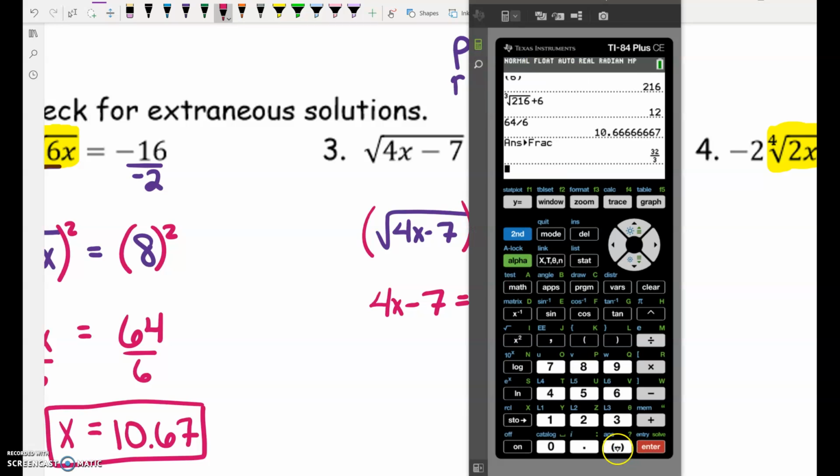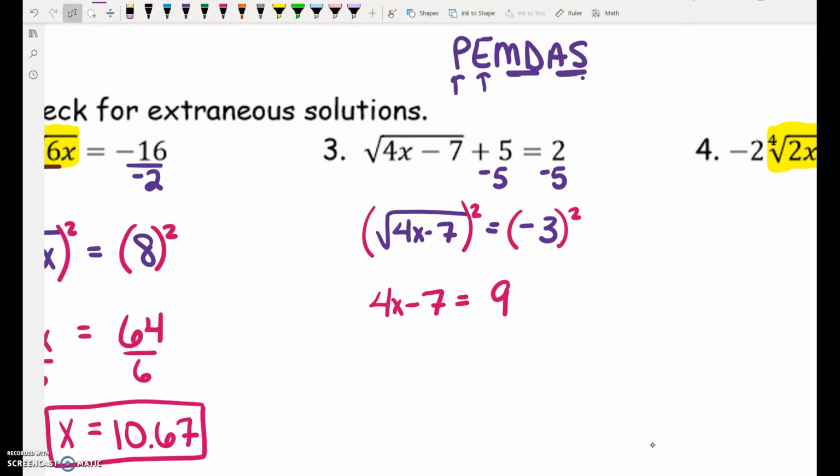If you type into your calculator -3 squared, your calculator is going to tell you -9, because what your calculator is doing is 3 squared and then sticking the negative onto it. If you put the -3 in parentheses and then square it, it is +9. -3 times -3 is +9. Now we need to finish solving this, so we would add 7 to both sides to get 4x equals 16.